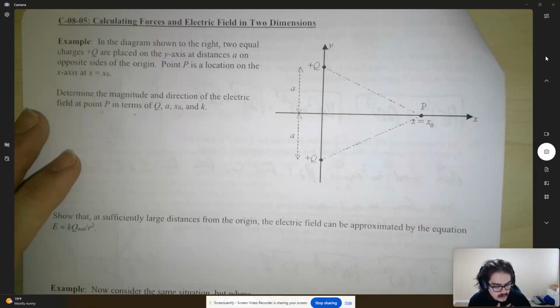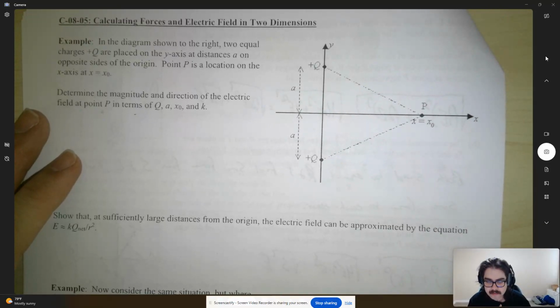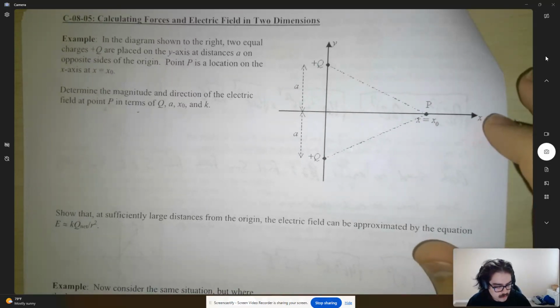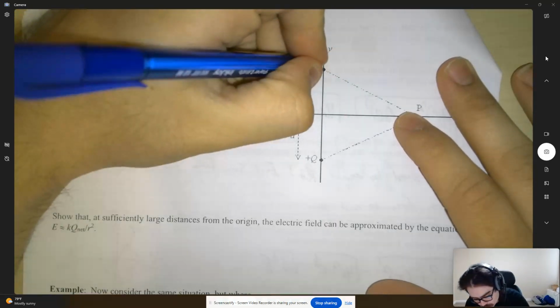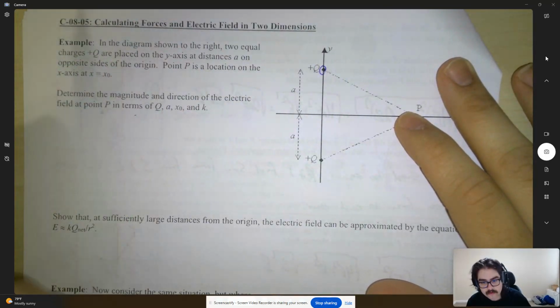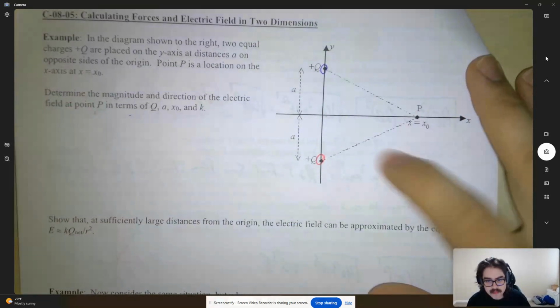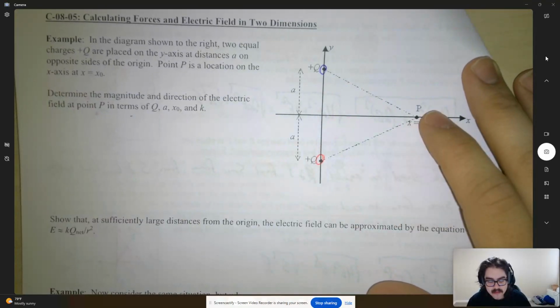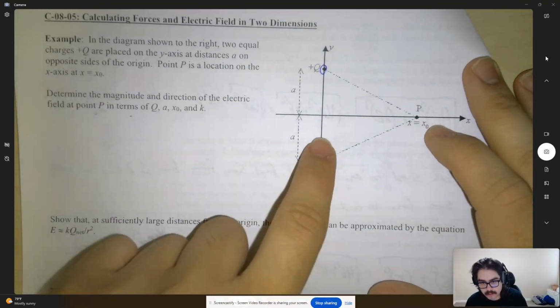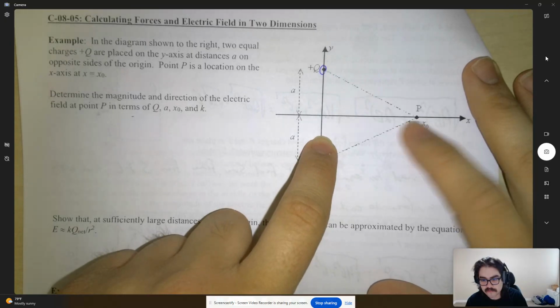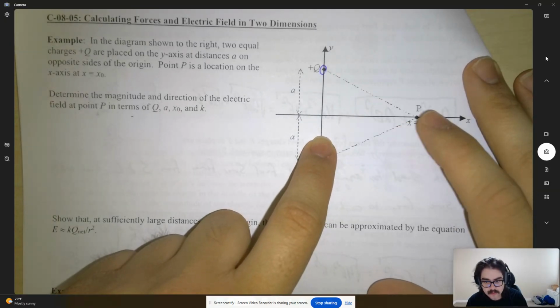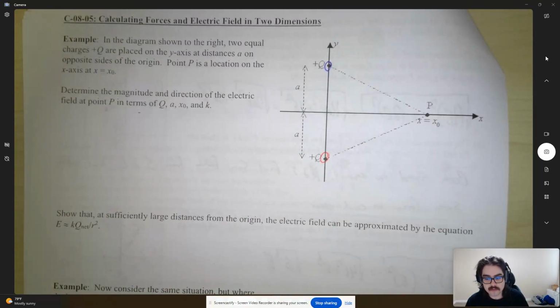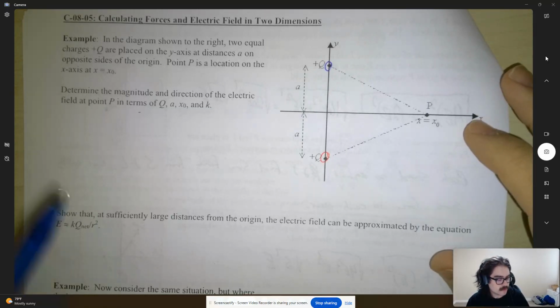So really quickly, something important to note here is that when you have these two charges here, and when they apply their field on P, you're going to notice that there's vertical components to those fields as well, but those vertical components cancel out, so it doesn't even really matter, right?